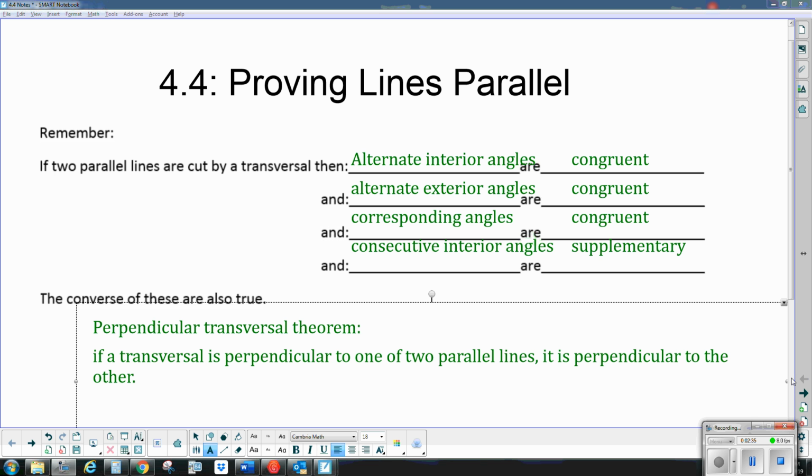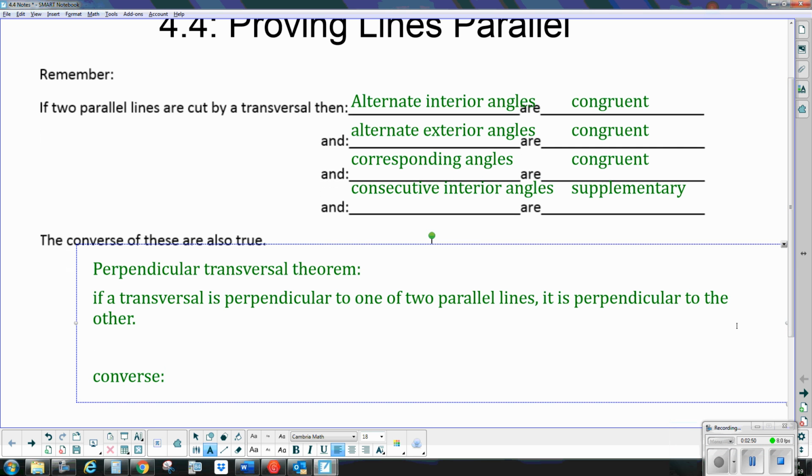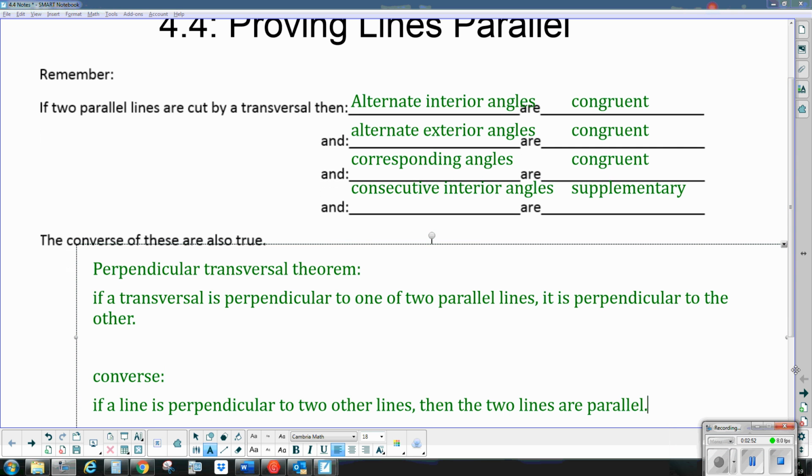And then we also stated that the converse of this theorem is also true. So the converse is if a line is perpendicular to two other lines, then the two lines are parallel. So remember, when you list the converse, you flip the if and the then part.